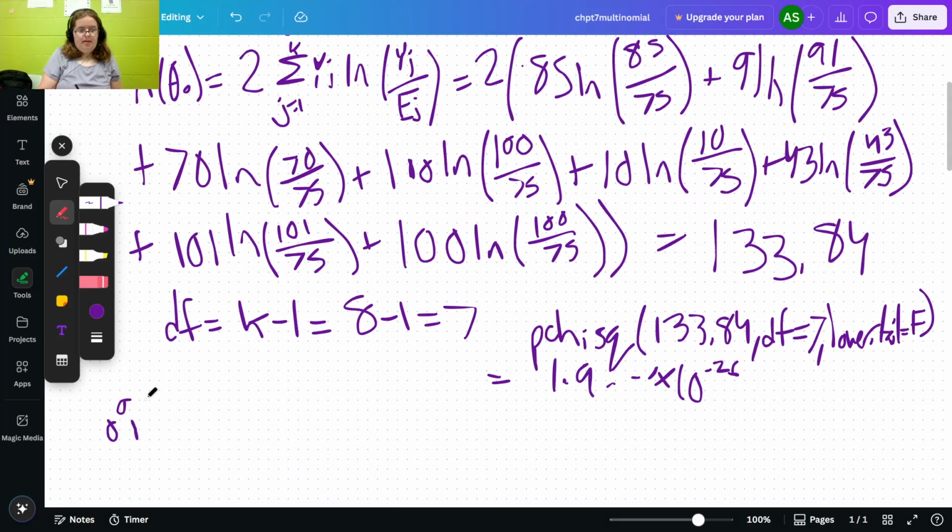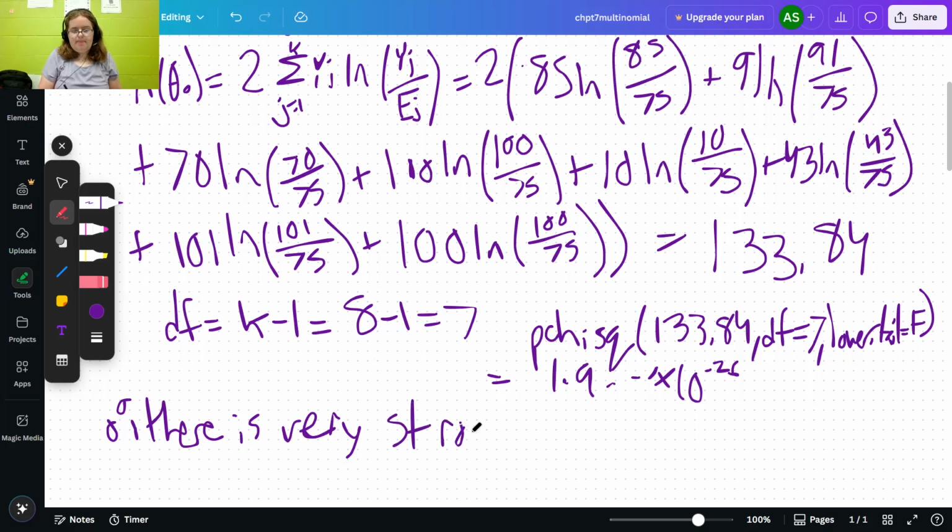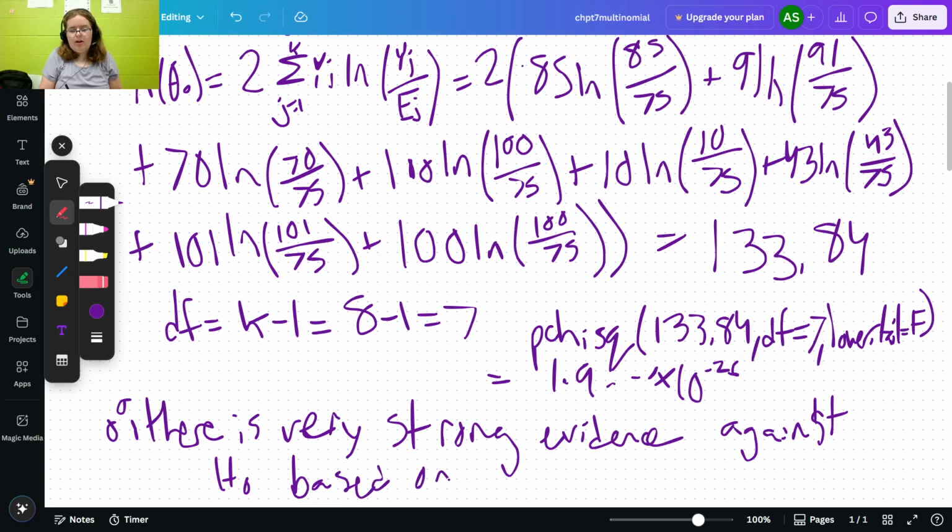Therefore, there is very strong evidence against H naught based on the observed data.